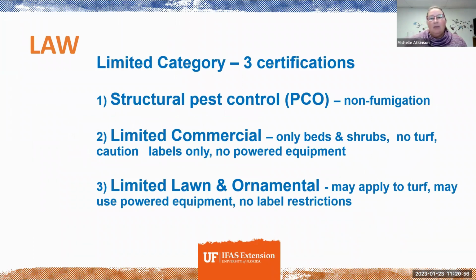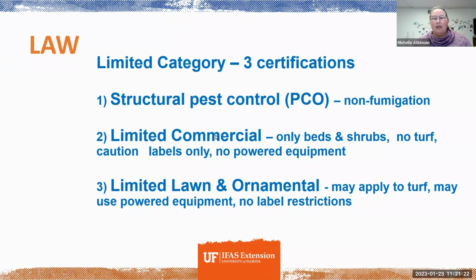So when we're talking about the licenses, there's actually 3 different licenses that fall in this area. One is the structural pest control. So as a government applicator, if you're applying around the buildings, doing barrier treatments for buildings, that would be this limited structural pest control.